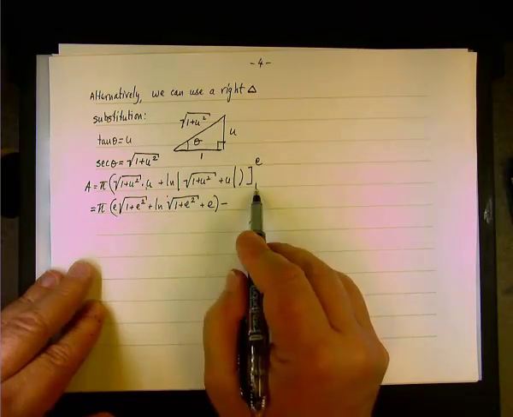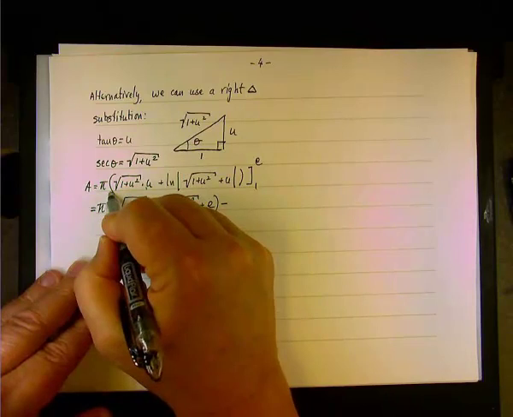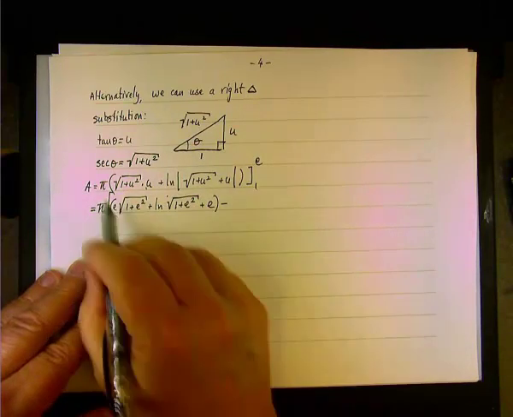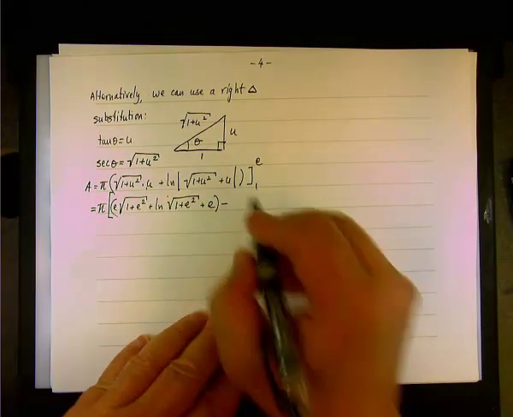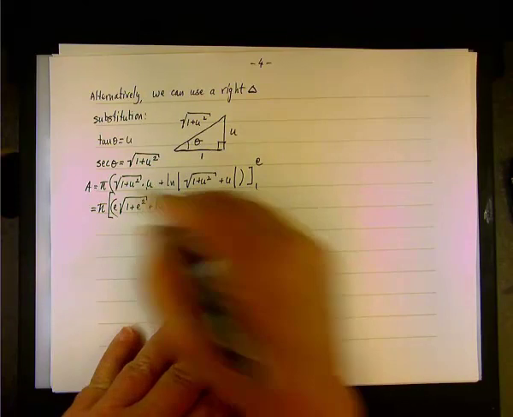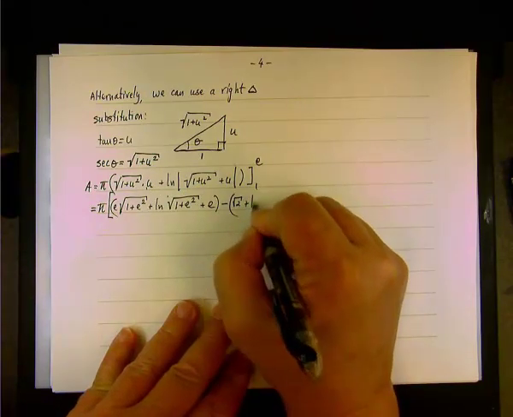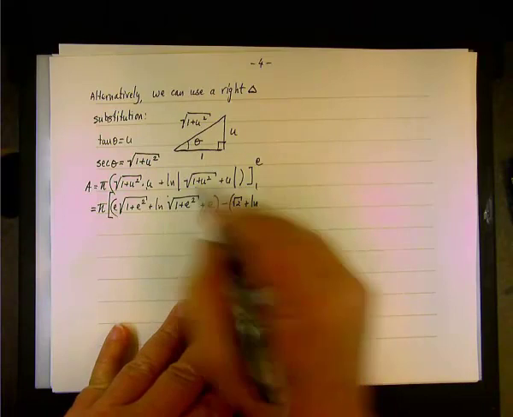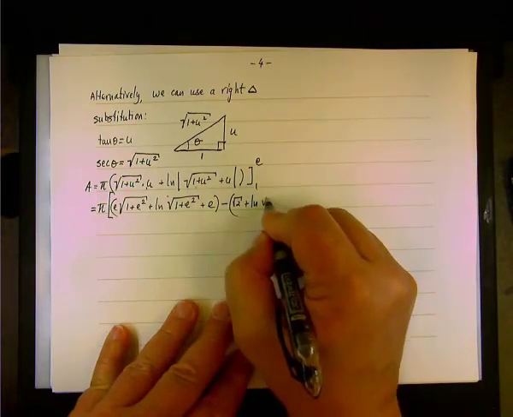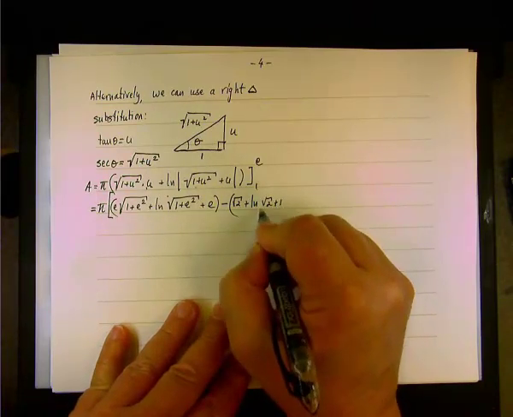And then we need to subtract the other result when we evaluate for 1, and then we multiply everything by pi. So when u equals 1, then we have 1 times square root of 2. So we have square root of 2 plus the natural log of square root of 2 plus 1.